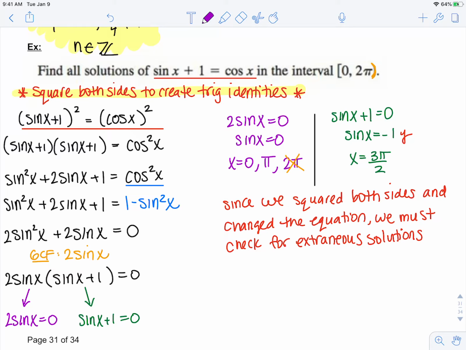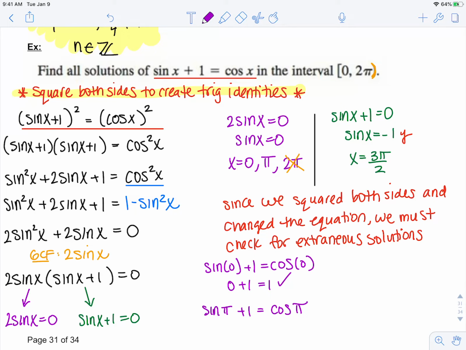Does sine of 0 plus 1 equal cosine of 0? Well, that is 0 plus 1 equals 1. So yes, that is a solution. Now I have to check pi. Does sine of pi plus 1 equal cosine of pi?